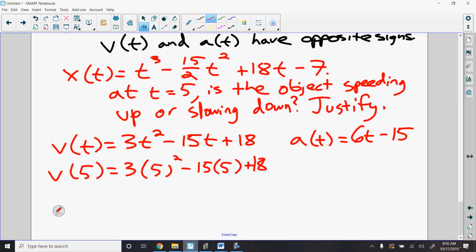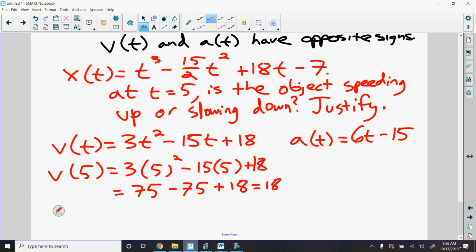Okay, so 5 squared here is 25. 25 times 3 is 75. Minus 15 times 5 is also 75. So I'm going to have 75 minus 75, which is 0, plus 18, which equals 18.